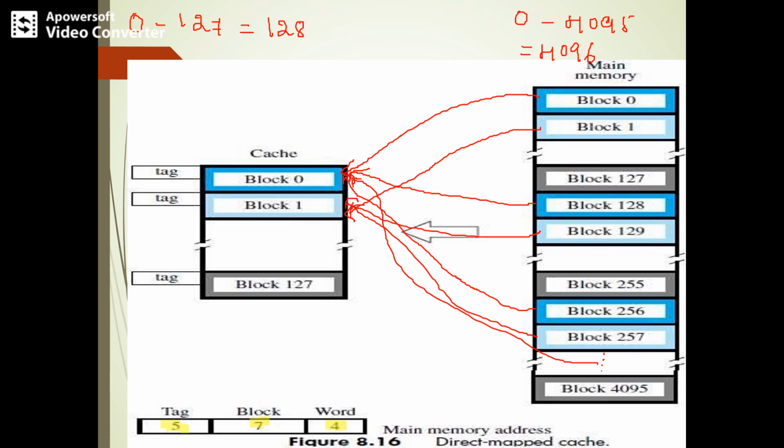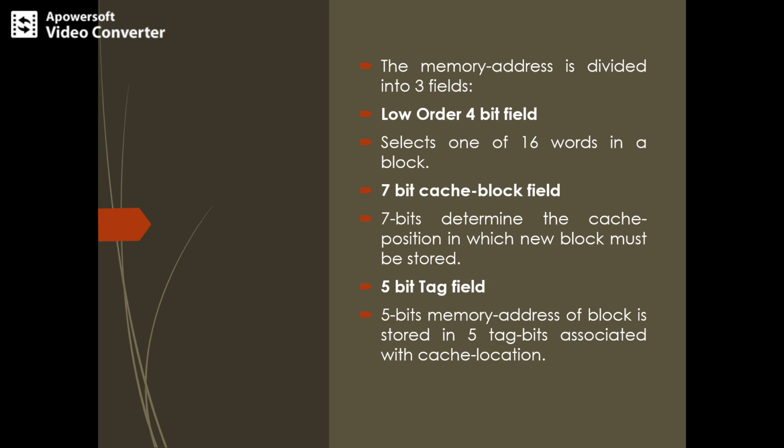So we know that the main memory address reserves 5 bits to specify the tag, 7 bits to specify the block address, as well as 4 bits to specify the word. So the main memory address is divided into 3 fields. As I mentioned before, it consists of the lower order 4 bits, which are used to select one of the 16 words in the block.